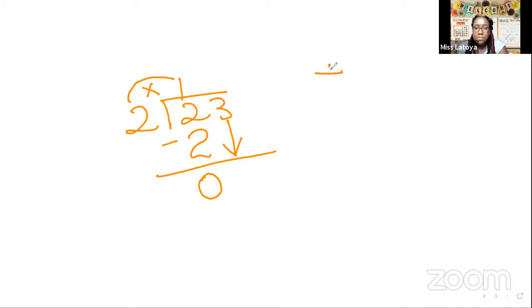Remember that? We divide, we multiply, we subtract. If we have a next number to bring down, we bring down. And we repeat this, okay? So I'm going to bring down my 3. What do I say after that? I repeat. I am going to divide. I am going to say 2 into 3. How much times could 2 go into 3? 2 can go into 3 1 time.